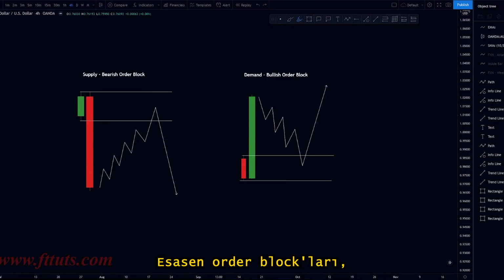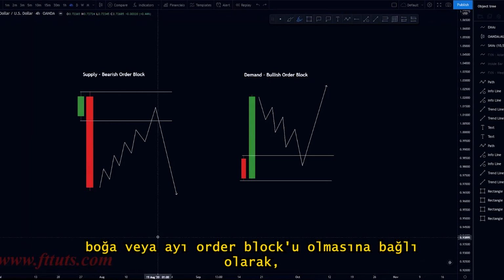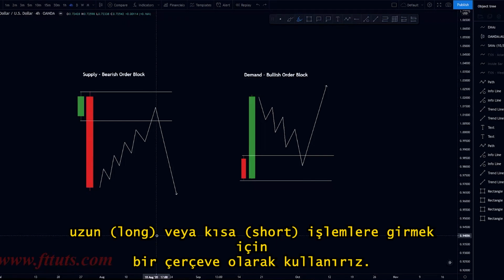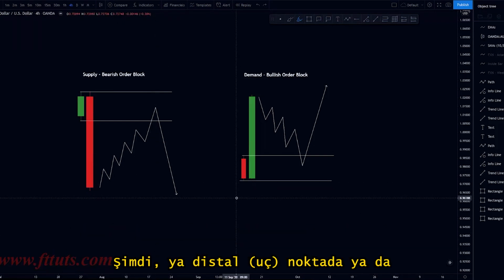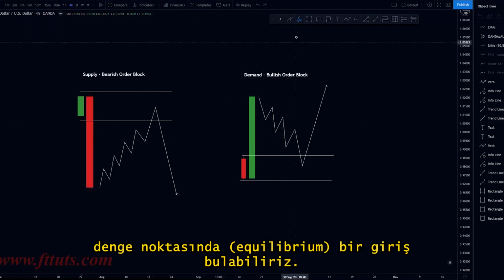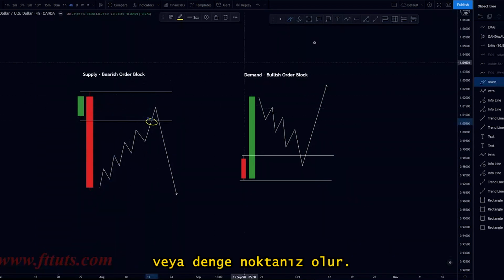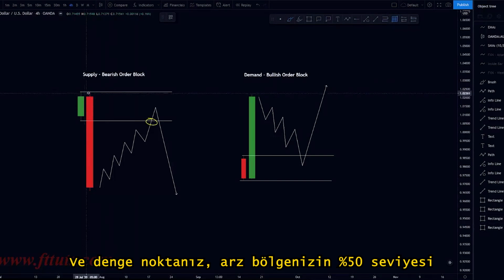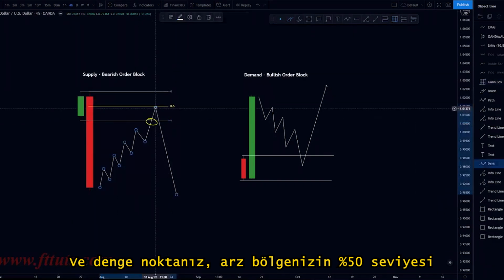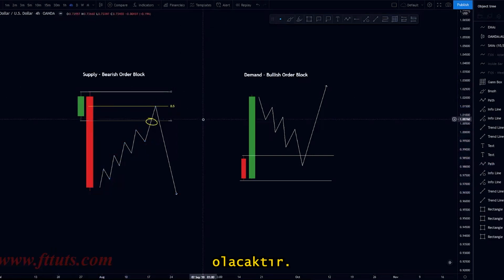We essentially use order blocks as a framework to enter trades either long or short, depending on whether it's a bullish or a bearish order block. We're able to find an entry either at the distal point, which in the case of a supply area would be your distal point, or at equilibrium. Your point of equilibrium will be the 50% mark of your supply area.